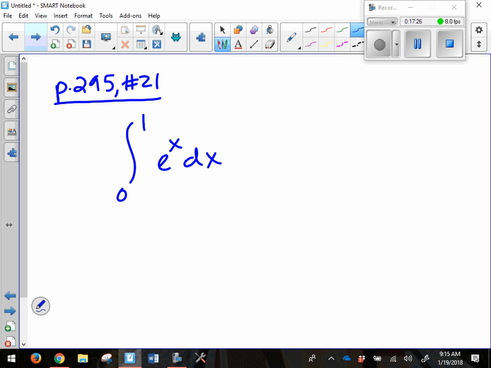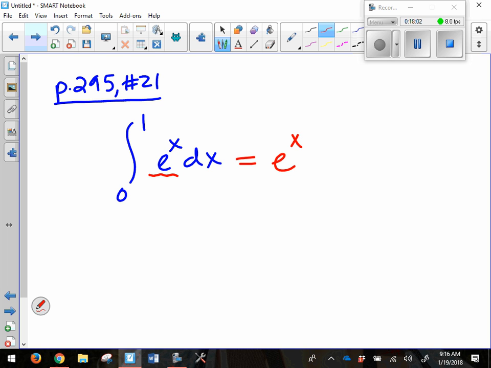So this one is kind of to help us practice taking that whole antiderivative of the integrand. So the antiderivative of e to the x is in fact e to the x, because the derivative of e to the x is e to the x, like Zoe said.